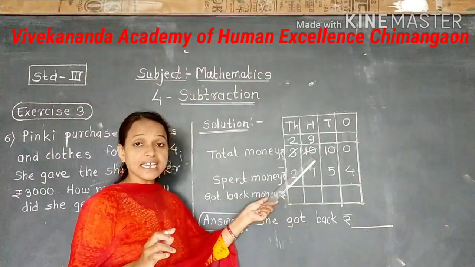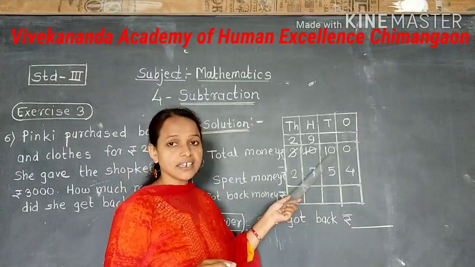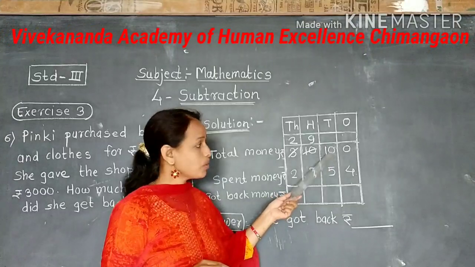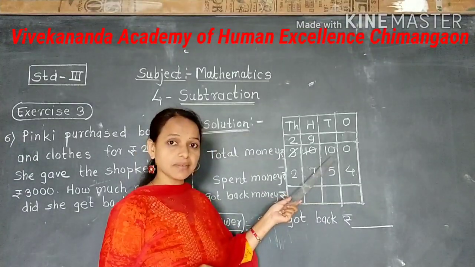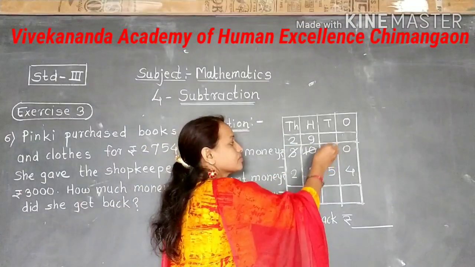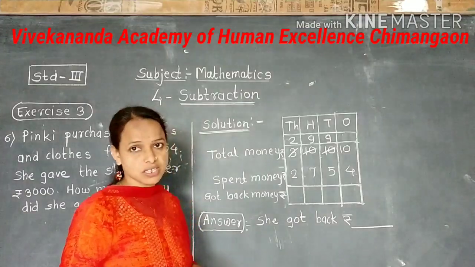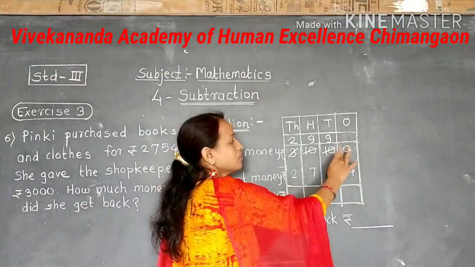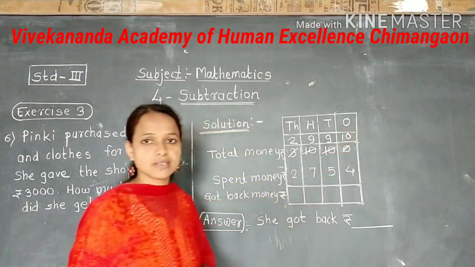So 10 hundreds regroup into 9 hundreds and 10 tens. Now we borrow 1 ten from 10 tens. 10 minus 1 is 9, and the 0 becomes 10 ones.